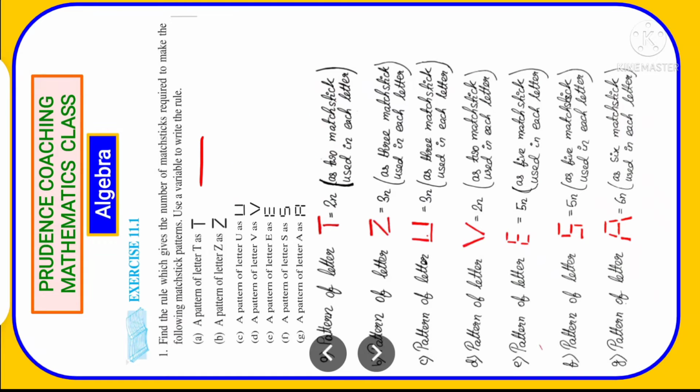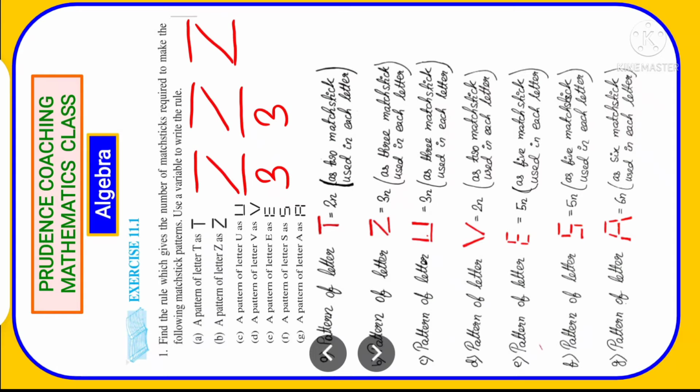Similarly, let us see the next one. So here we have Z. Here the Z is written like this. That means we need 1, 2, 3 matchsticks. So if we say that we have 2 Z's, we will use two 3's. If we say that we need 3 Z's, we will need 6 plus 3, that is 9 matchsticks. So here the number of matchsticks in each letter Z is fixed, that is constant, that is 3.